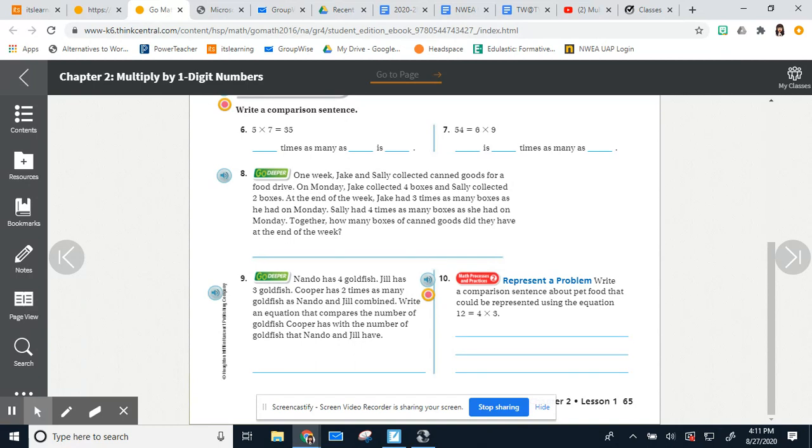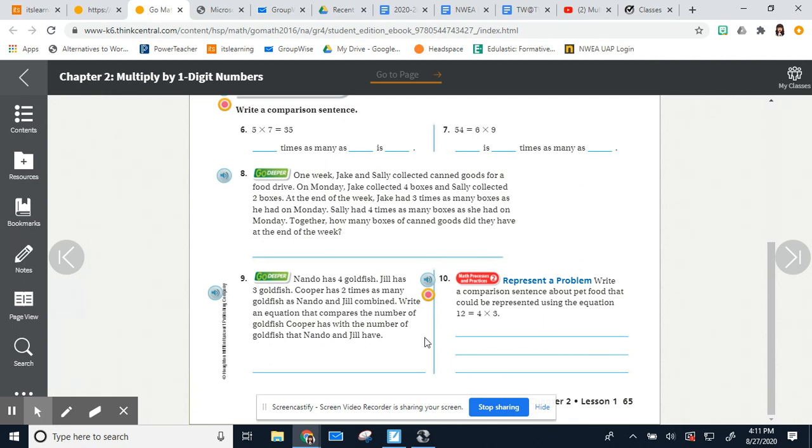The only thing about math, especially 4th grade math, there's going to be a lot of problems like this. You kind of have to be a detective and use your strategies to decode what the problem wants. And it's not as hard as you think. You just have to think about what it's asking you.